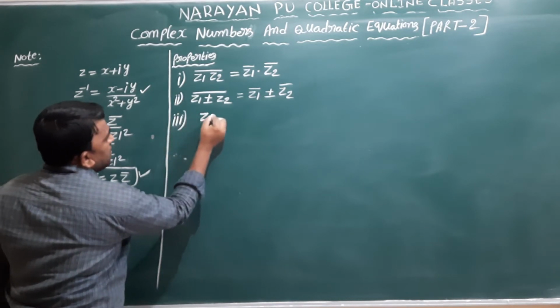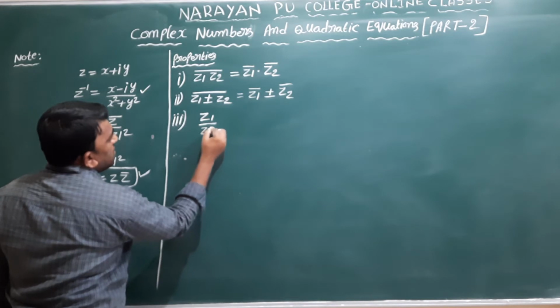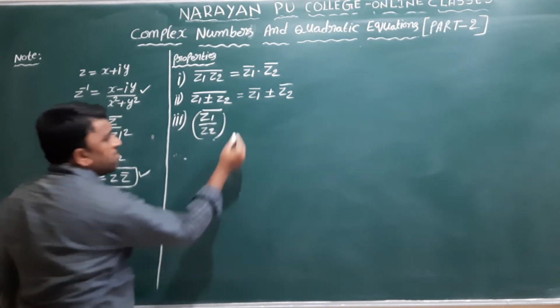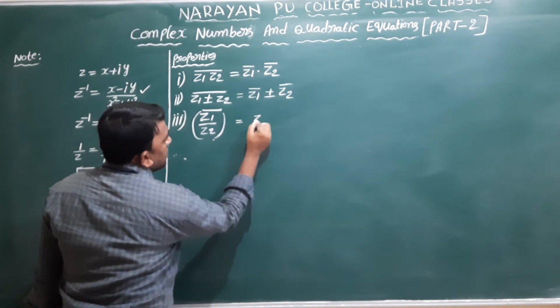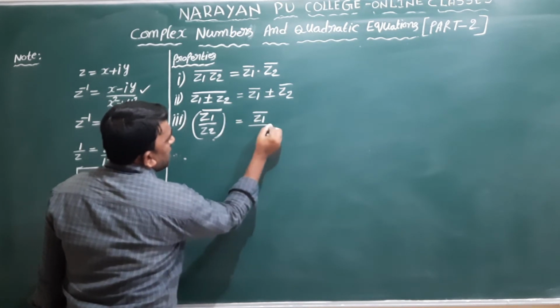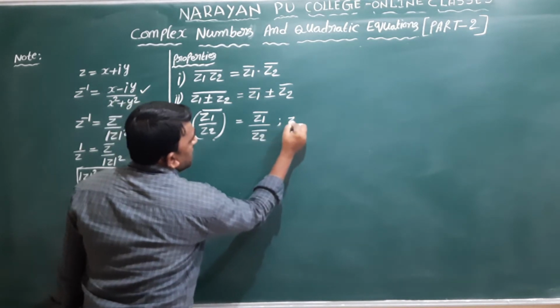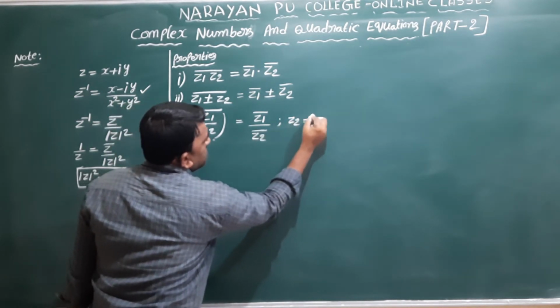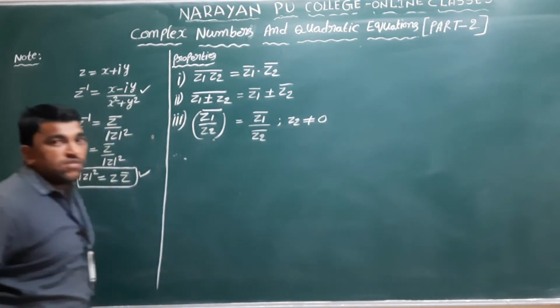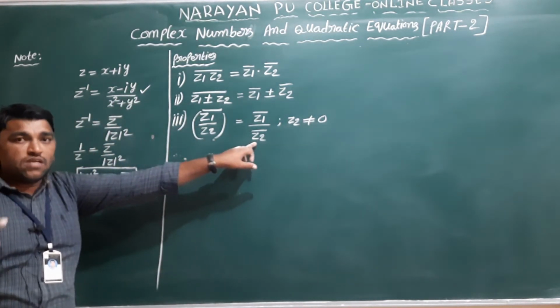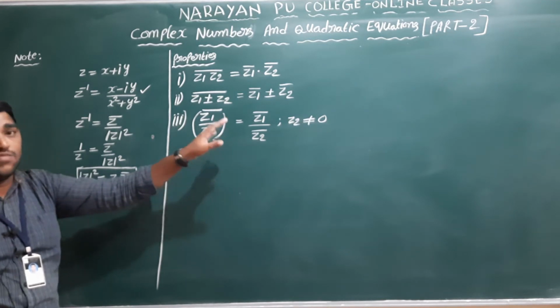Next, z1 by z2 whole conjugate we can write as z1 bar divided by z2 bar, provided z2 is not equal to 0. Here the denominator must be a non-zero complex number, then only is division possible.